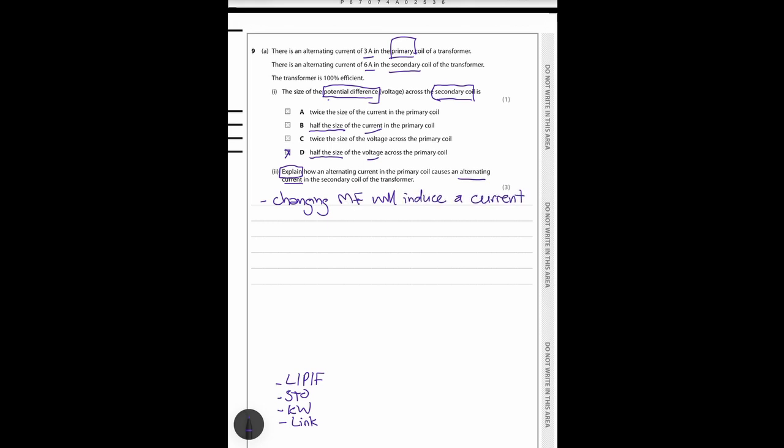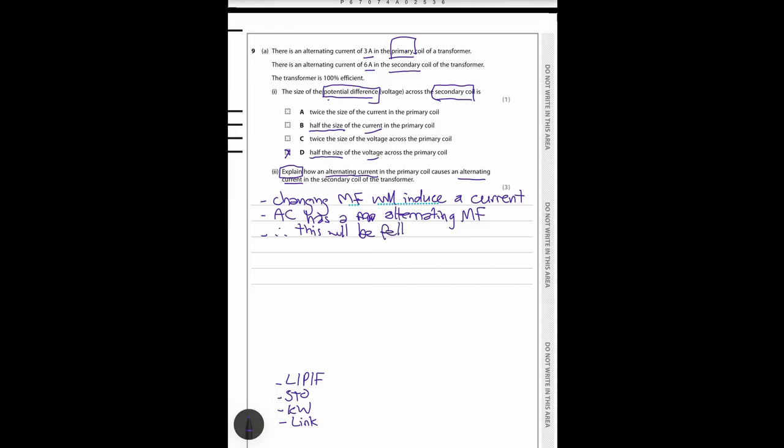Okay, so that's fine. So I've probably got a mark from the law, principle, formula. What's the state of the obvious? It says an alternating current. So if the current is alternating, that has a moving magnetic field. So AC has a varying or alternating magnetic field. So therefore, this will be felt by the secondary coil.